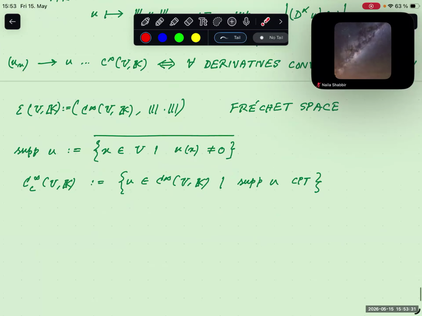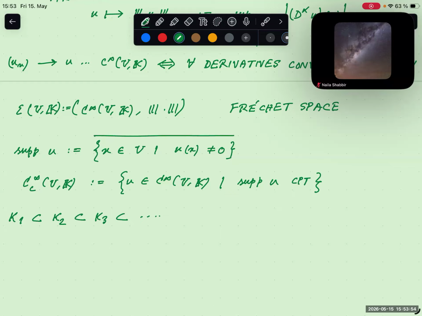So this is something called exhaustion. If you are not familiar, doesn't matter. I'm going to write it. K1 is contained in K2, K2 is contained in K3, and so on.